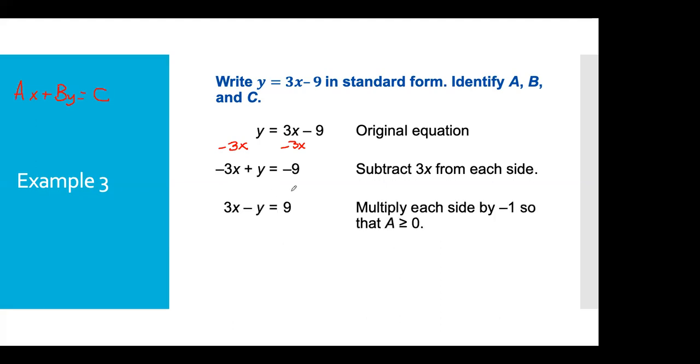We're going to multiply both sides, or you can also divide both sides by negative 1. When we do this, our a value now becomes positive, but what we do to one side, we do to the other. And we're left with 3x minus y equals 9. So this is standard form. A would be 3, b would be negative 1, and c would be 9.